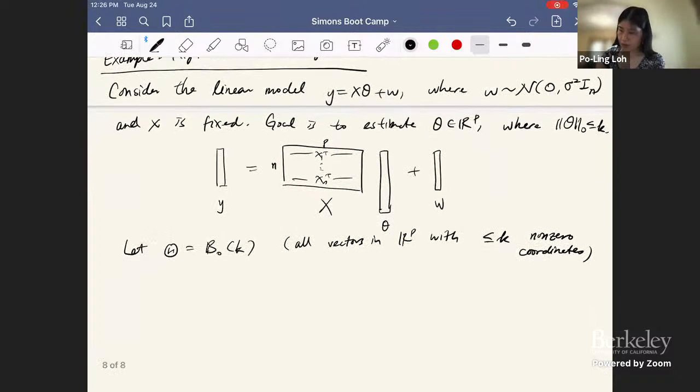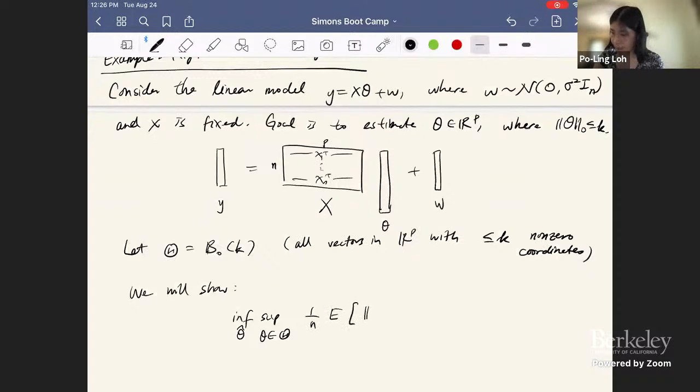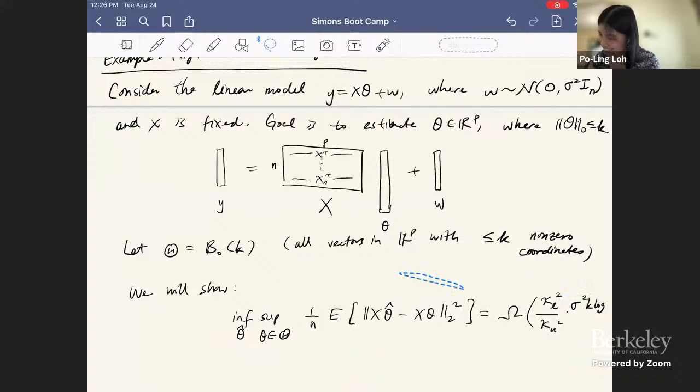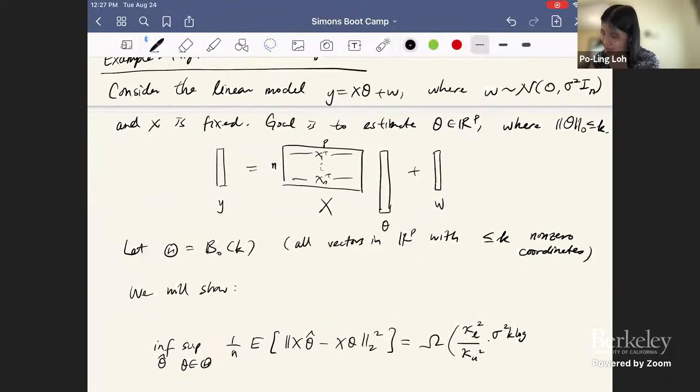Okay. So we will show that the infimum over theta hat, supremum over theta in the parameter space, of 1 over n times the expectation of the squared norm of x times theta hat minus theta, is lower bounded by kappa L squared over kappa U squared times sigma squared K log p over K over n. Oh, I forgot to say one more thing.